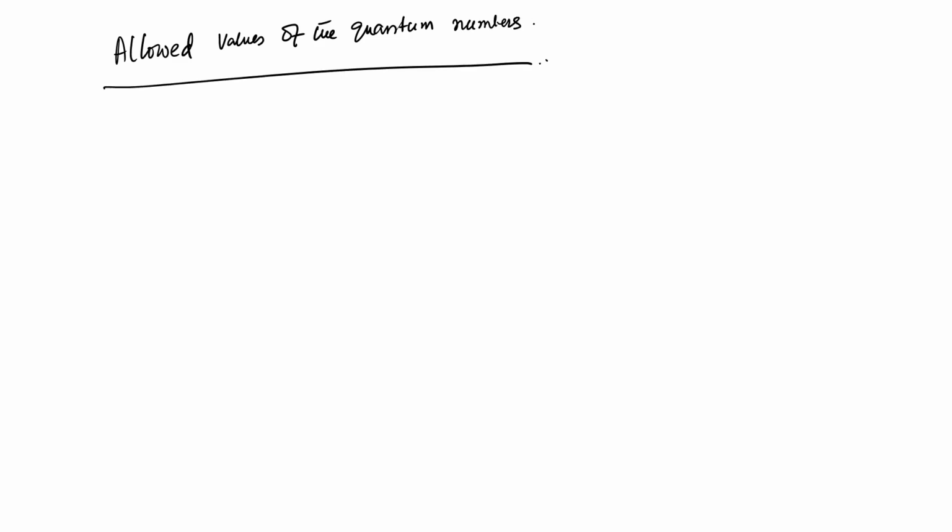We have discussed some of them, for example M1, which we have written explicitly. I am just repeating it here for completeness. It starts from J1, goes down through J1 minus 1, and reaches minus J1, okay, or you can write it the other way around as well.